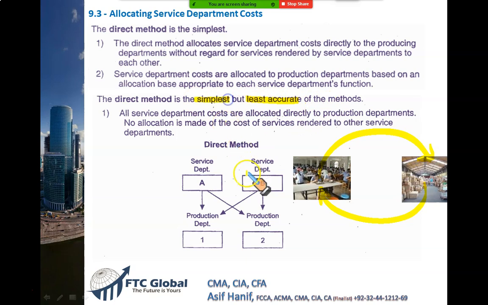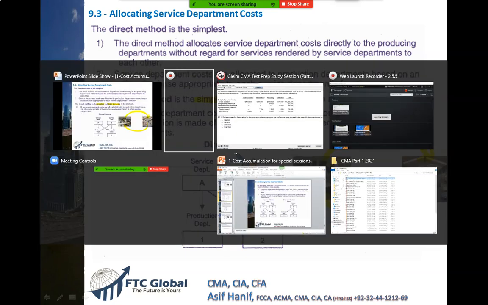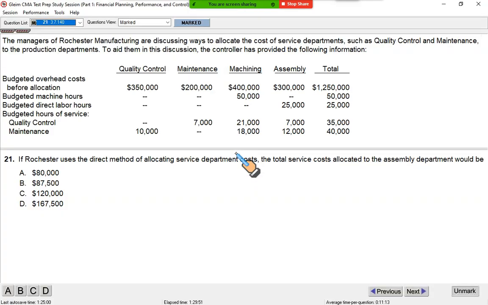This method is very bad method, least accurate method, but it is simplest. So let us try to understand this direct method using a good example that will explain how direct method works. And this is it. Good question that will explain you how we use the direct method.